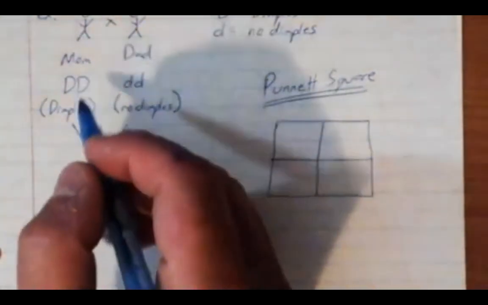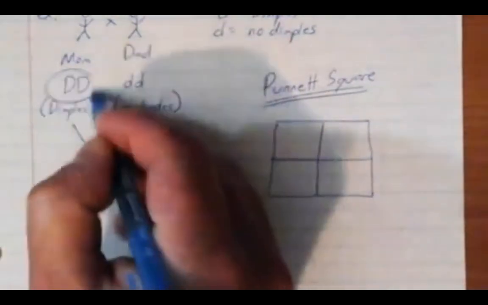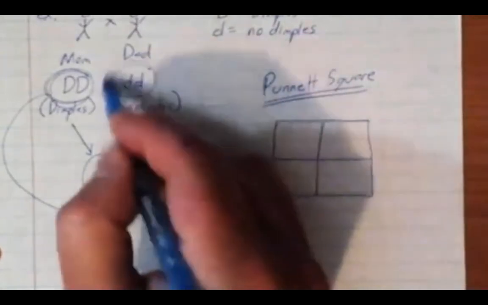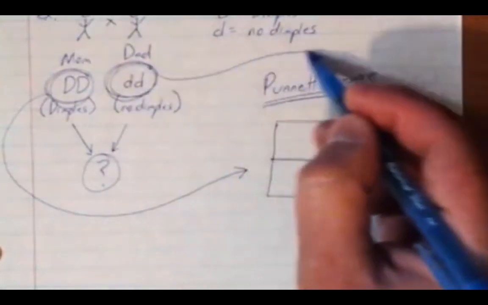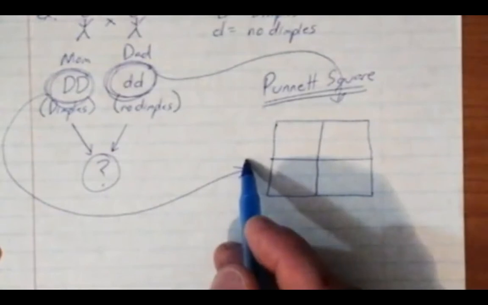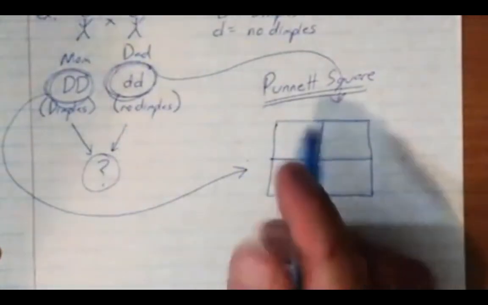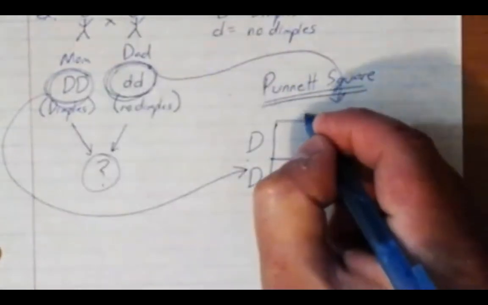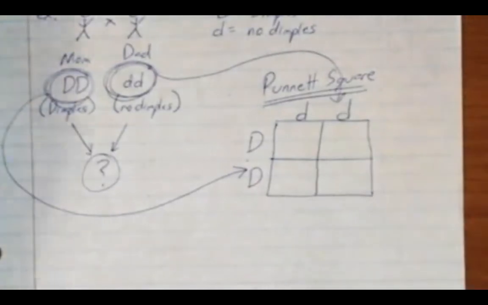All right. And what you do is you take the genotype of mom and you put it here, and you take the genotype of dad and you put it here. Now, could you put dad on the side and mom on top? Sure, it doesn't matter. Just one parent on the left, one parent on top. So I'm going to do mom's DNA here, capital D, dad's DNA here, lowercase d.